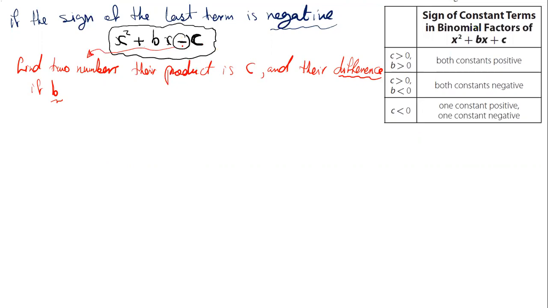If this sign is positive, we find two numbers whose product is C and whose sum is B. So negative means difference, positive means sum, okay? Like this one.